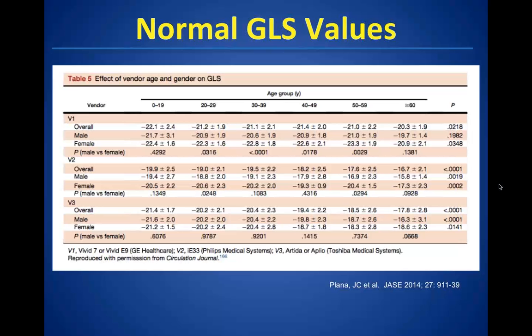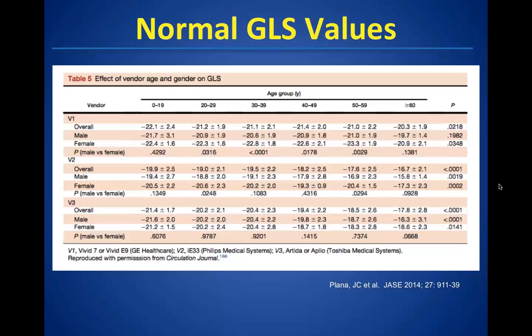This is a table taken from that document showing the normal global longitudinal strain values based on 3 different vendors, by age and gender. So this can be validated within your own laboratory to determine what the norms are for your laboratory.